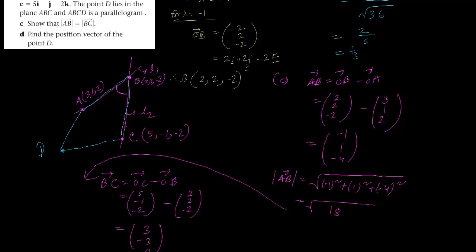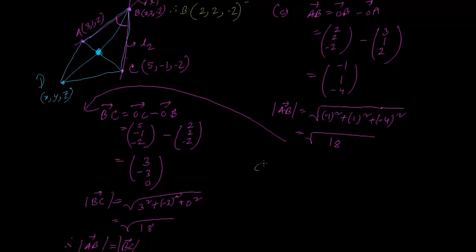That means the diagonals have the same midpoint. We don't know what that midpoint is, but we can separately find the midpoint of AC and the midpoint of BD. Since they have the same midpoint, we can find the coordinates of D. So suppose the coordinates of D are (x, y, z).